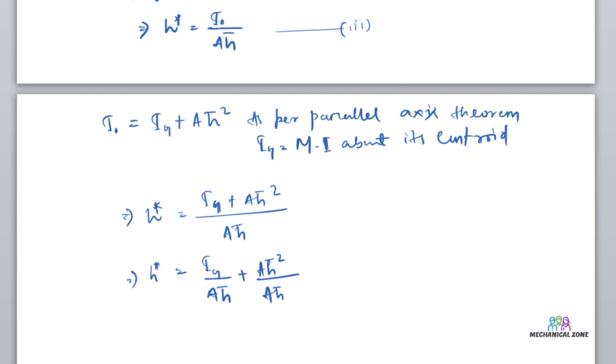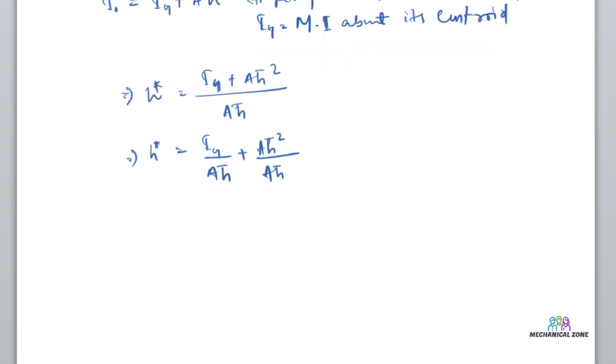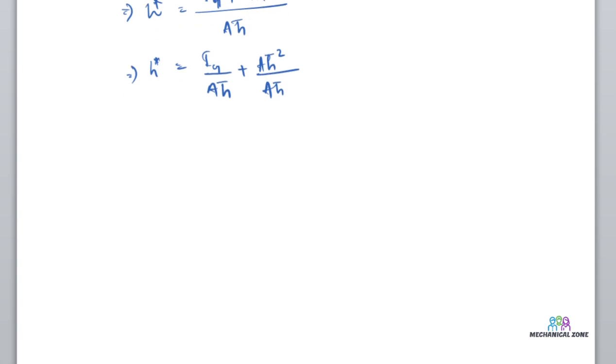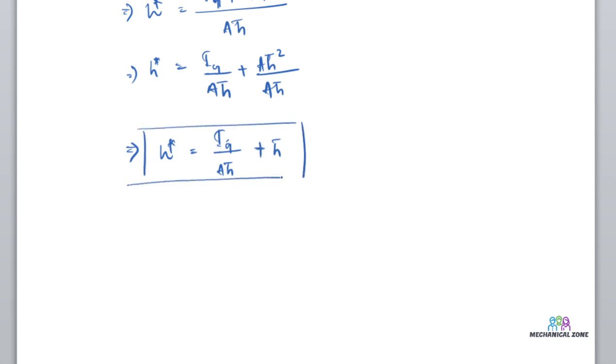What is h star? H star is the distance of center of pressure from the free surface. H star is equal to Ig by A h bar plus h bar. This is the final expression for center of pressure, the distance of center of pressure from the free surface.